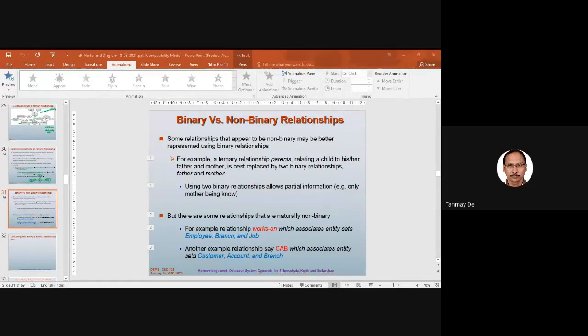If it is a ternary relationship set, parent relates the child, father, and mother entity sets, and it can include all the information if both the father and mother are known, but it cannot store the information if only one is known.